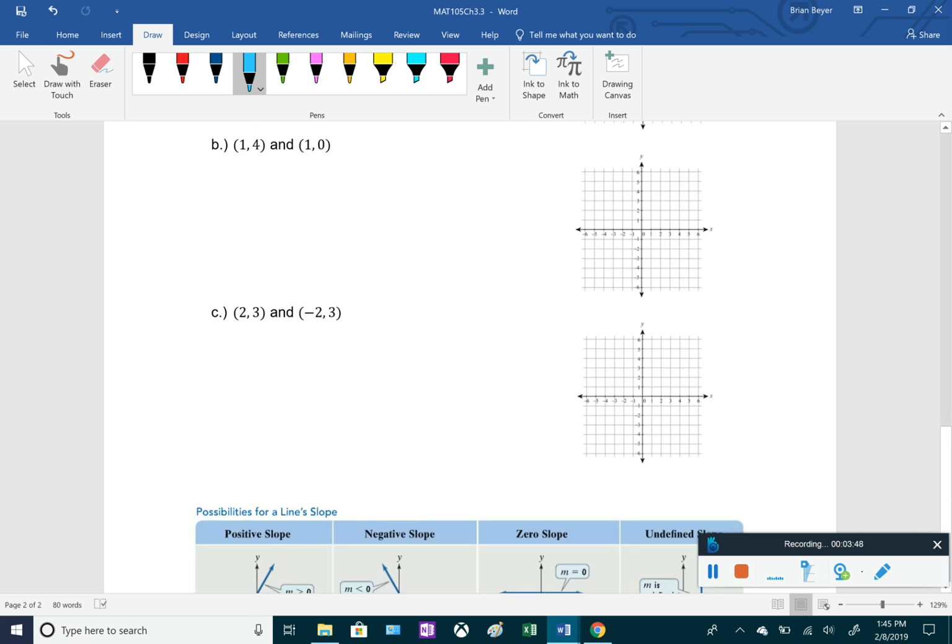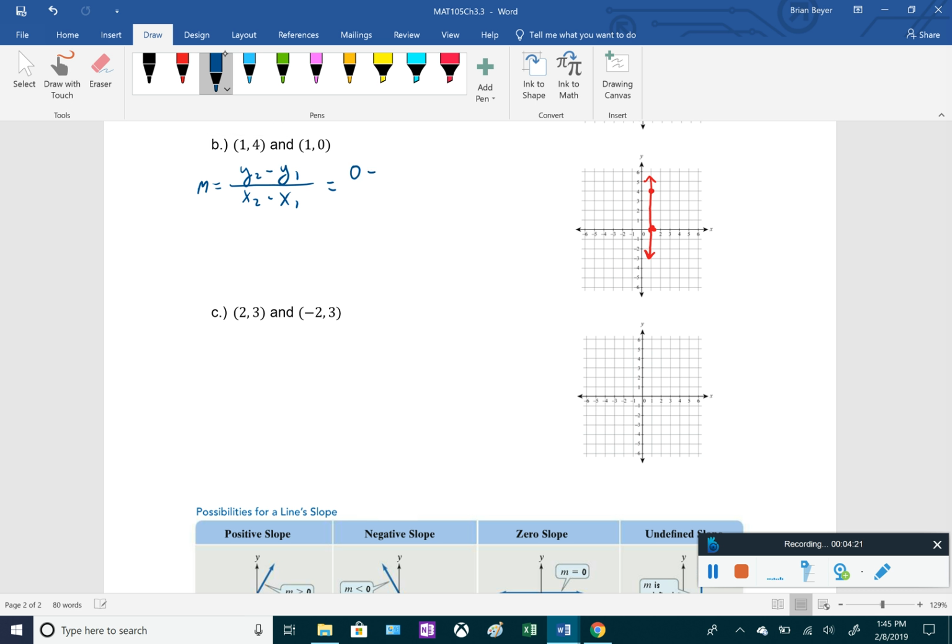And so the next one, we have the points 1 comma 4 and 1 comma 0. 1 comma 4 is going to be right here. 1 comma 0 is going to be right here. So we actually have a vertical line. Let's see what happens when we calculate the slope of a vertical line. Once again, I'm going to let the first xy coordinate be x1, y1. The second one's going to be x2, y2.